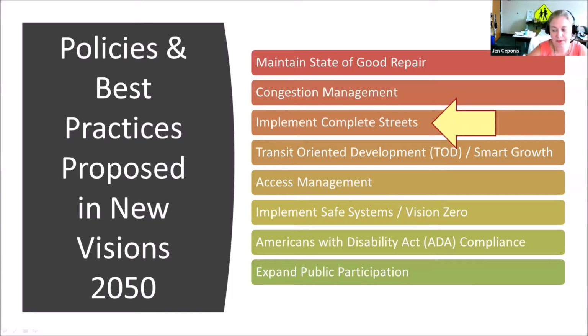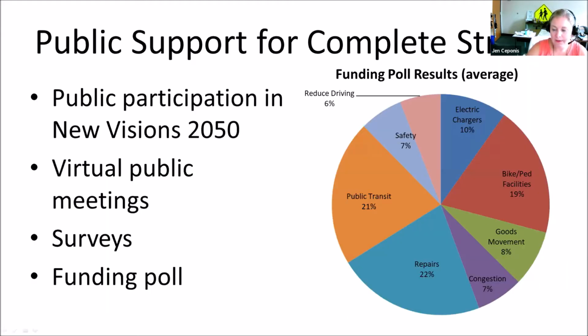And in addition to the principles, you'll find some major policy and best practice recommendations in the Nuvisions plan. And one of these includes implementing complete streets. Over the last decade, CDTC has seen support for complete streets grow.